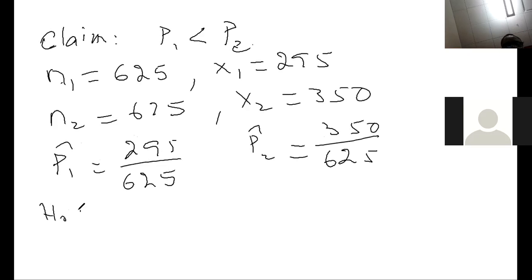So H0, P1 equals P2, H1, P1 is less than P2. So using the calculator, we will find the test value. Alpha here is 0.05. P bar will be 295 plus 350 divided by 1,250.